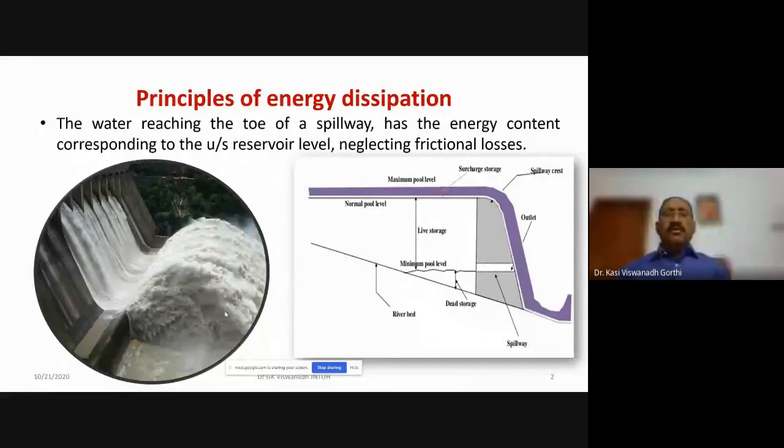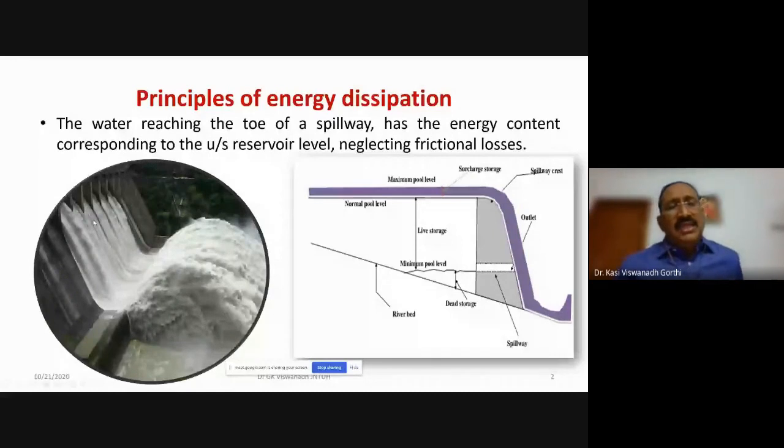More and more potential energy, the sum of the pressure energy and the elevation energy. When this excess water is allowed to flow over the body of the spillway dam and let off to the downstream portion, it falls directly from a high level to a low level. So there will be a conversion of energy.